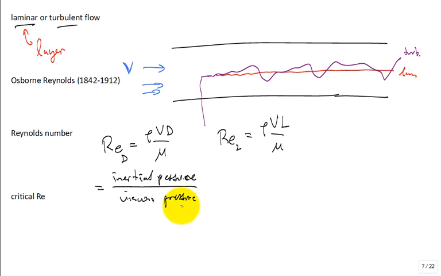In fluid mechanics, we've studied things. So what am I looking to put in the numerator? A pressure. Some pressure associated with the speed of the flow. Another name for the pressure associated with the speed of the flow is dynamic pressure.